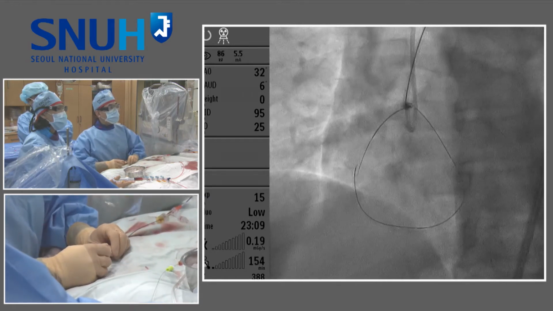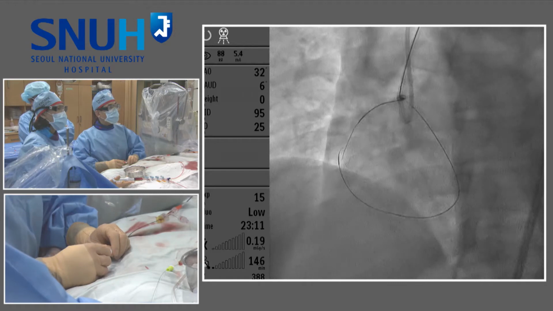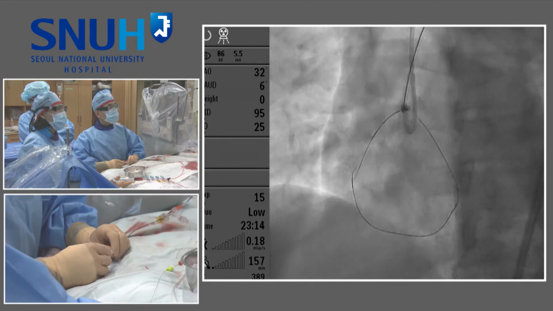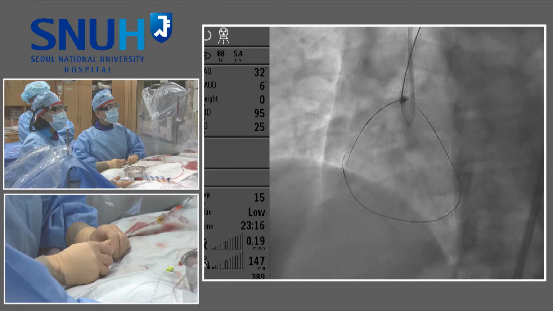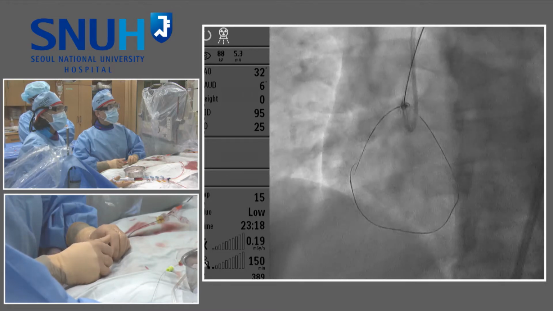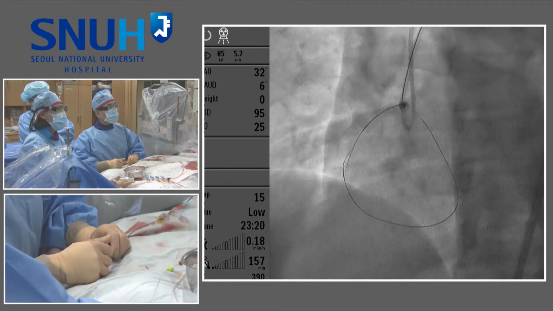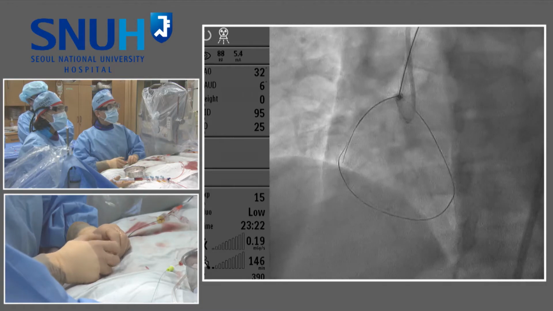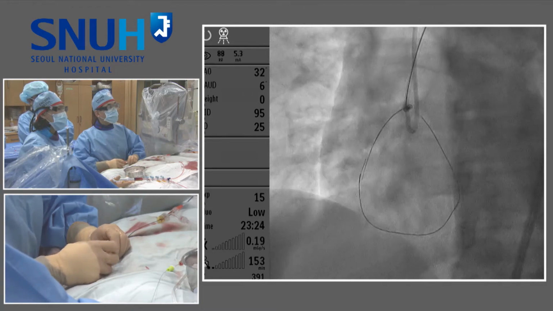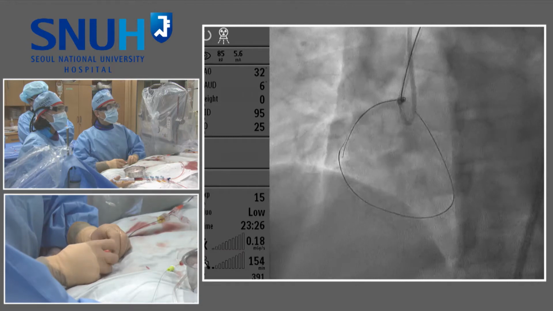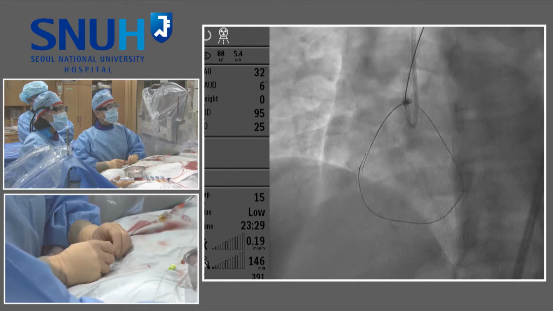I advanced the retro microcatheter to enhance the backup force. Okay, there is movement, more close to the previously failed course.